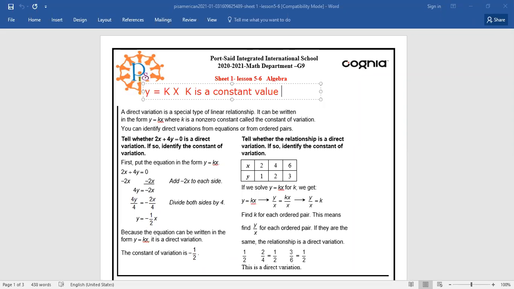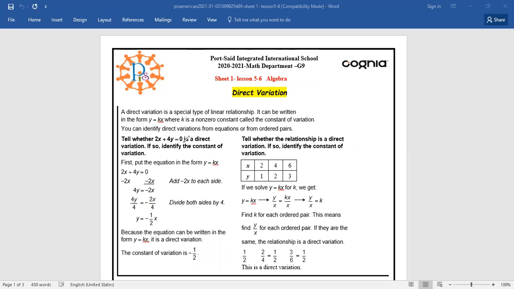So if I give you the equation 2x plus 4y equals 0, this is a direct variation. How do you know? Look at the right side: it equals 0, which means we don't have a y-intercept. If you represent this graphically, it will pass through the origin.